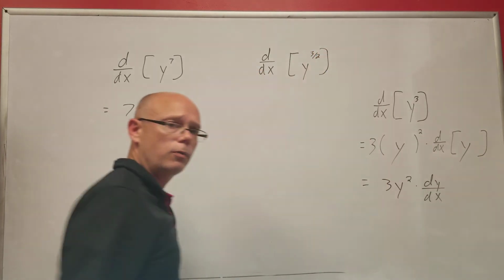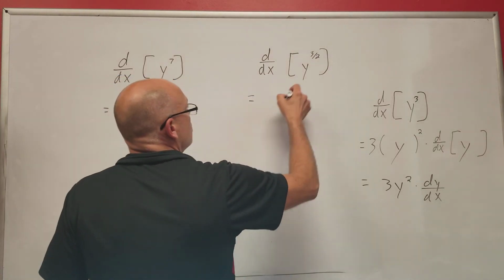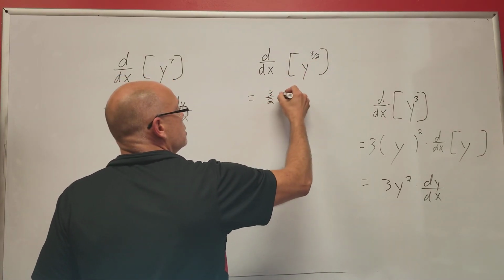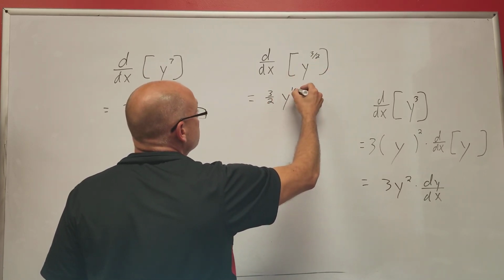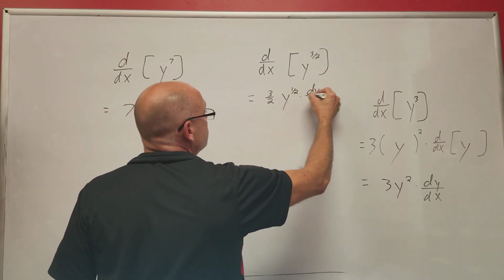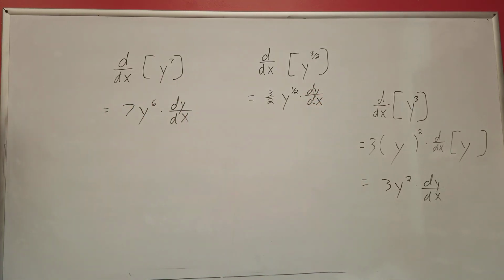How would I do this one if y is a function of x? I would say 3/2 times y to the 3/2 minus 1 times dy over dx. Now that's going to be your basis right there for implicit differentiation.